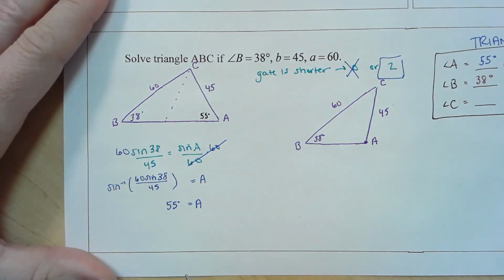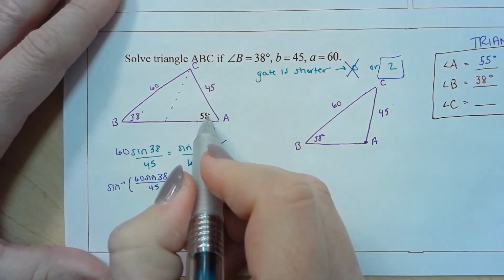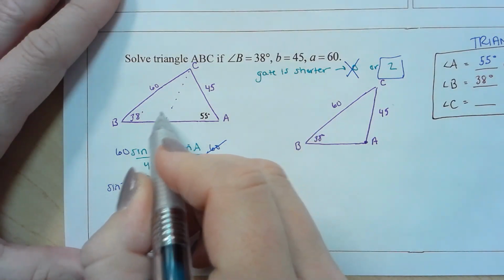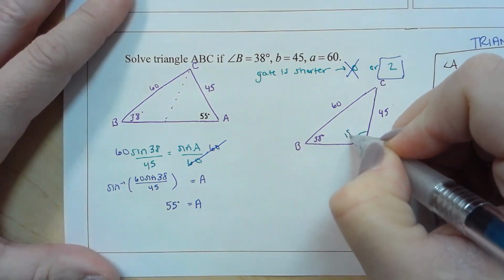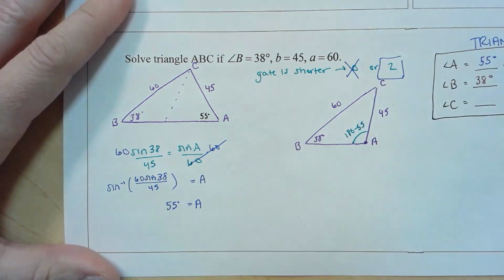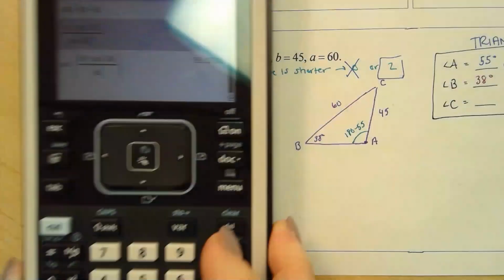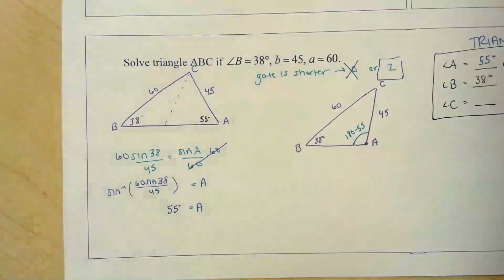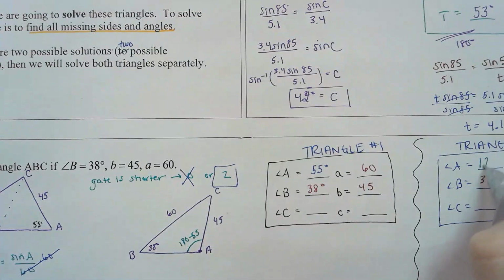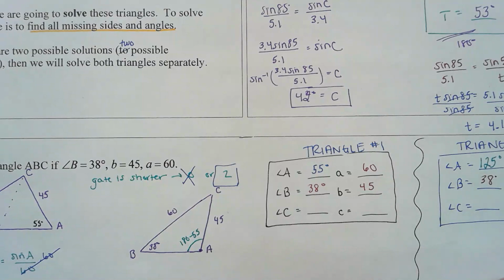While I'm here, if this is 55, then this is 55. This angle is 180 minus 55. That was part of our conversation from yesterday. I don't know why I just grabbed a calculator to do that. That's okay. So angle A is 125 degrees.